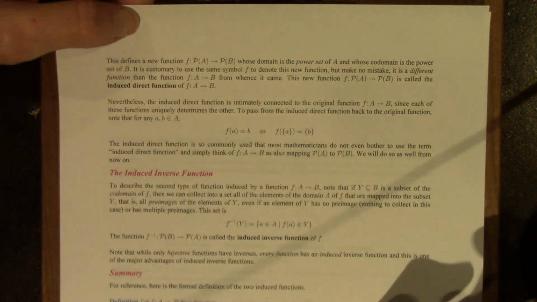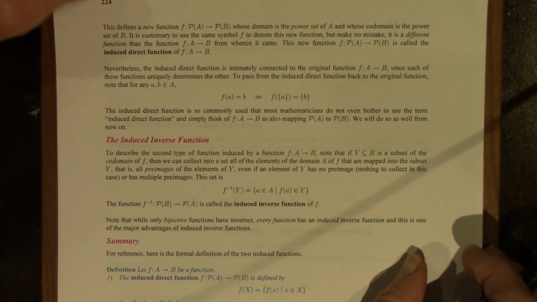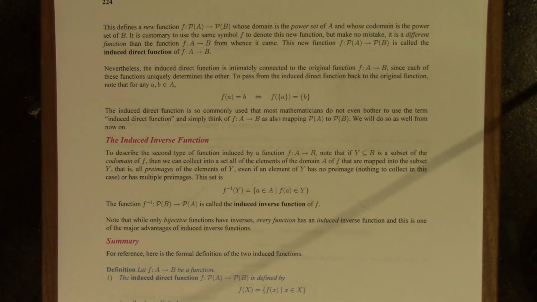On the other hand, this is such a common thing to do that mathematicians generally just think of this as the original function. They say a function maps A to B, but it also maps subsets of A to subsets of B, and they don't bother with the term induced direct function unless there's some need to use it. So this becomes rather informal.